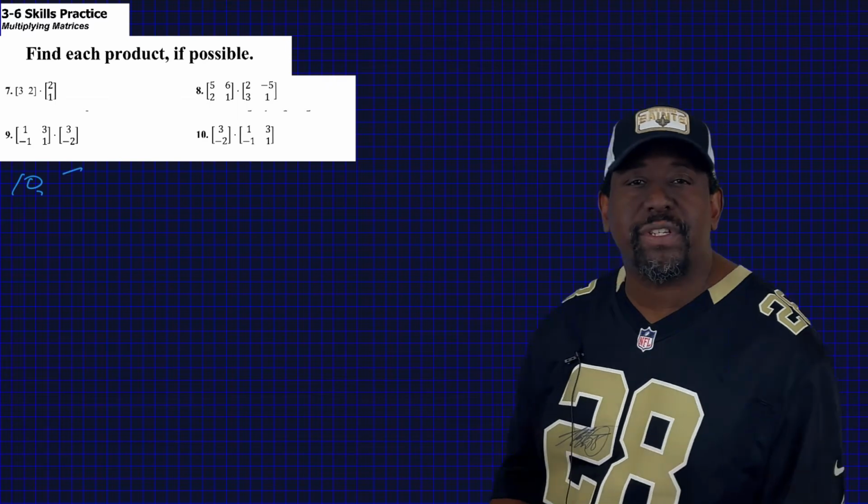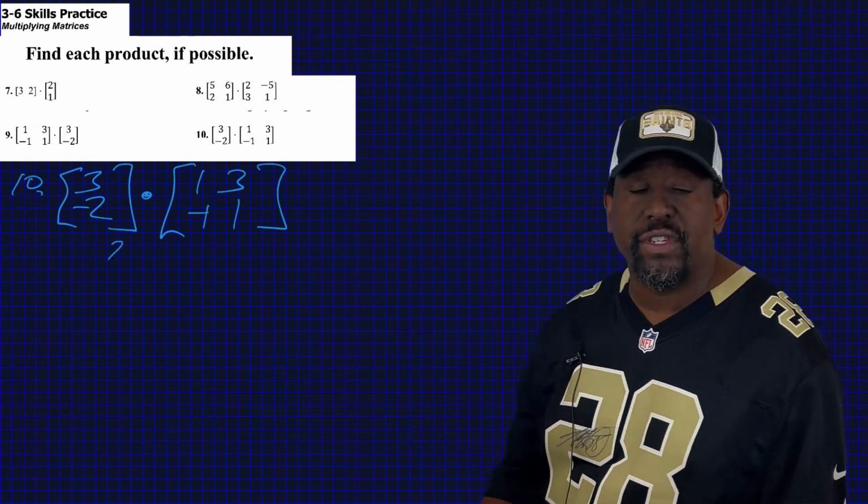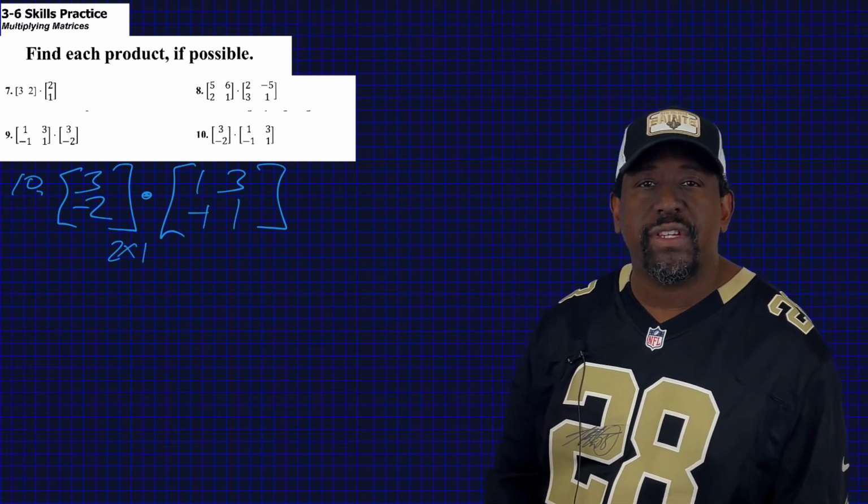We'll now do number 10. So we write that vertical column of 3, -2, multiplied by 2 by 2. First row is 1, 3. Second row is -1, 1. So again, the first thing we have to do is get our dimensions. What do you think of the dimensions of the first matrix?